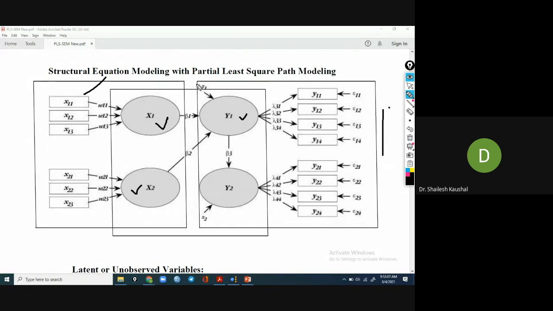On the right hand side, we can also see the outer model.